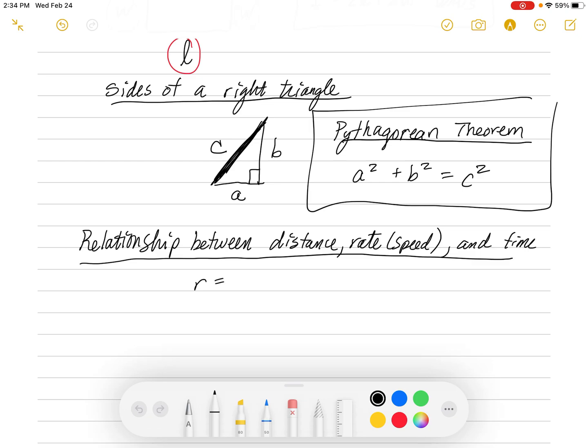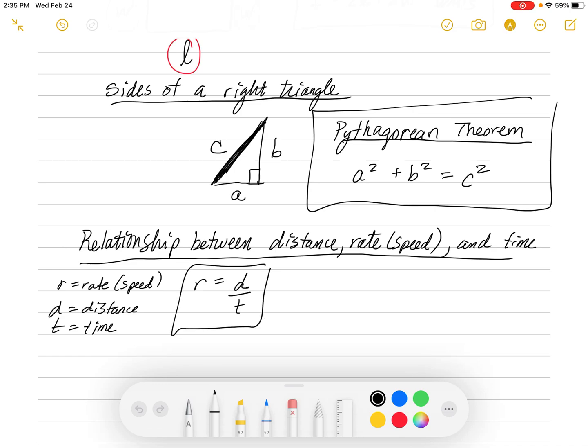Well, R is going to be rate or speed. D is going to be distance. T is going to be time. You think about it, a lot of times rate is measured in like miles per hour, right? So you take miles on top, which is distance, and on bottom you have time. So miles would be on top and hours would be on bottom. So miles per hour. So distance over time.